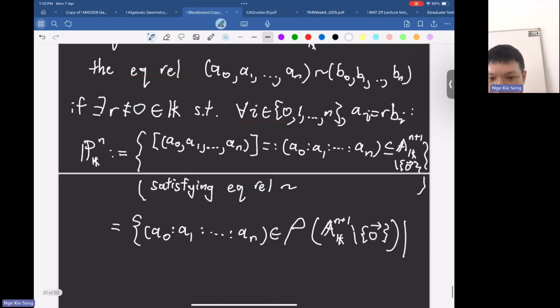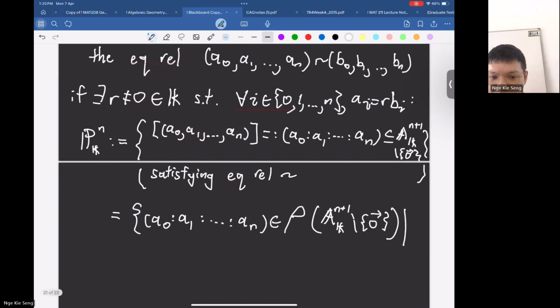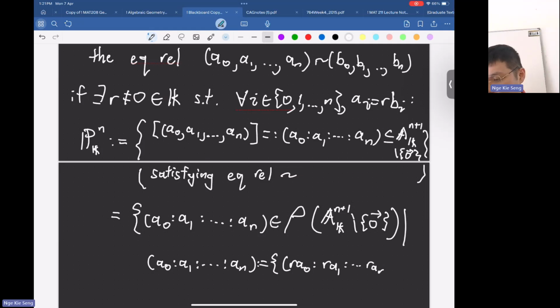Such that, can you write this nicer? Let me think. Such that this set here will contain all the multiples r times (A0, A1, up to An), for all r not equal to 0.